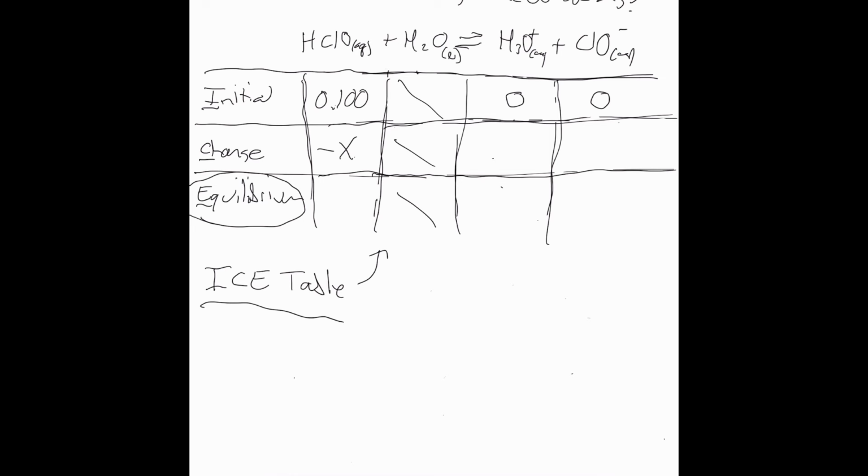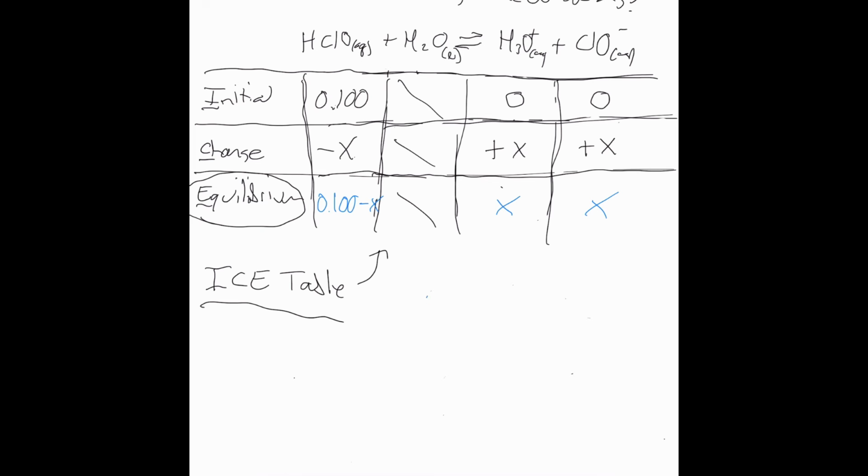Since it's minus x, we're going to make this plus x. And for ClO minus, once again, the stoichiometric coefficient is 1, so we also put a plus x. Then we just add these two columns together to get the equilibrium concentration. So 0.100 minus x, 0 plus x is x, 0 plus x is x. Those are our equilibrium concentrations.